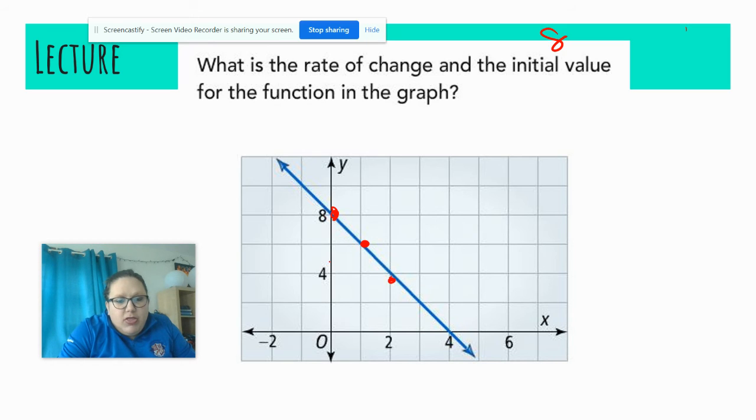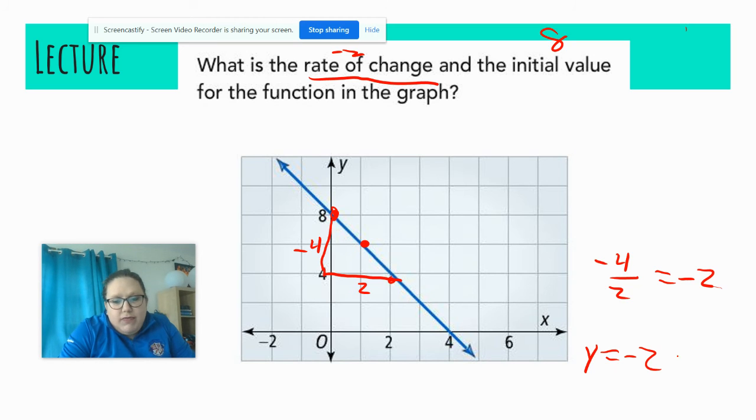If I go down 4, from 8 to 4, over 2, so negative 4 over 2 would just be negative 2, so that's my rate of change, or my slope. So my equation would be y equals negative 2x plus 8, starting at 8 and then going down. All right, let's keep going.